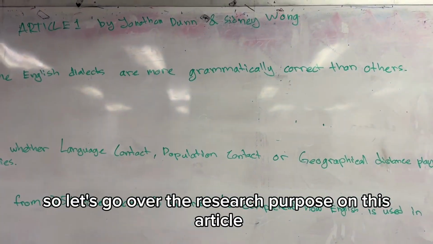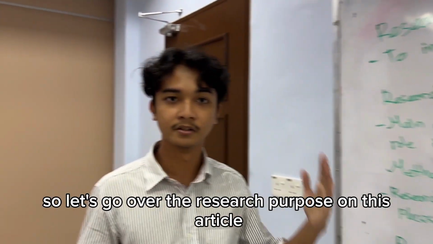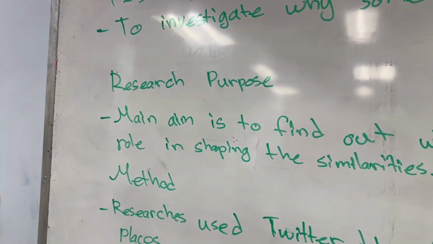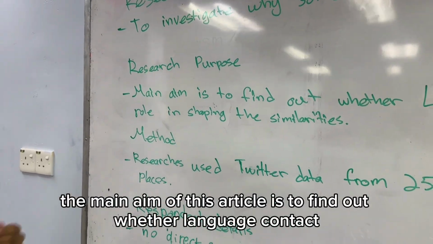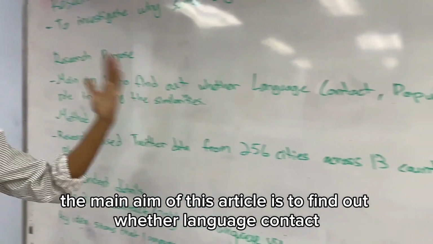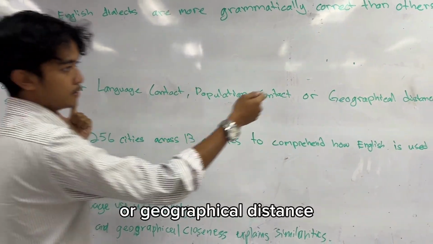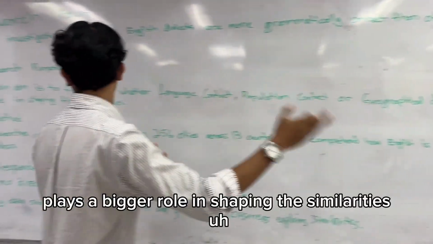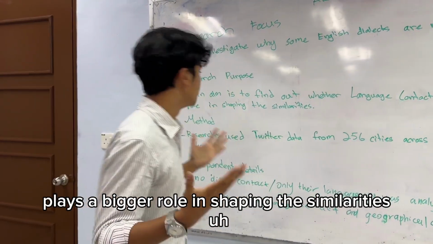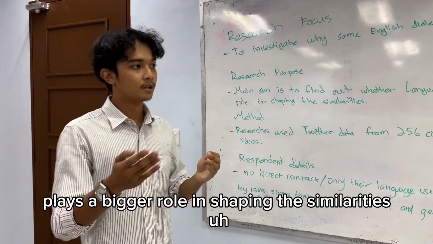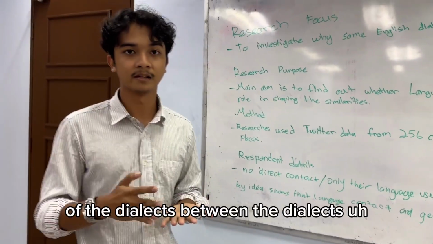So let's go over the research purpose of this article. The main aim is to find out whether language contact, population contact, or geographical distance plays a bigger role in shaping the similarities between the dialects.